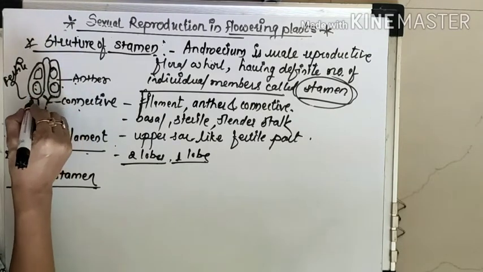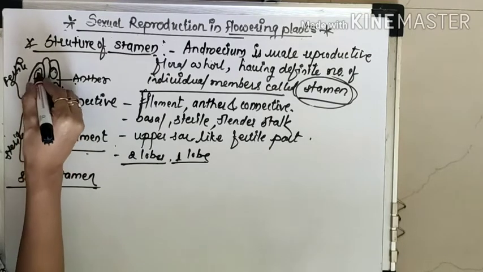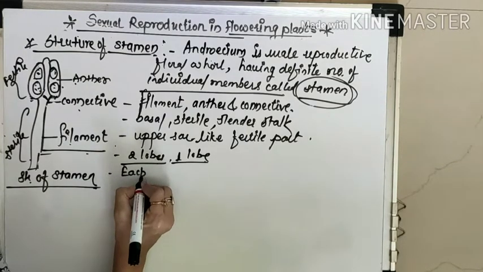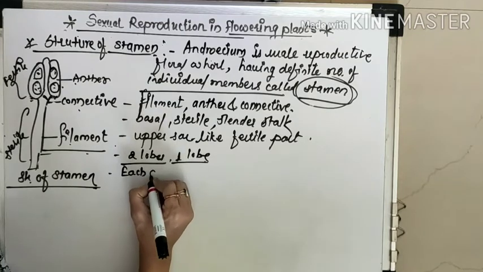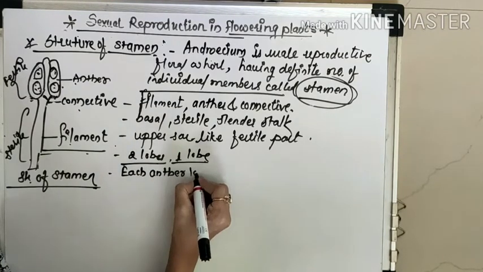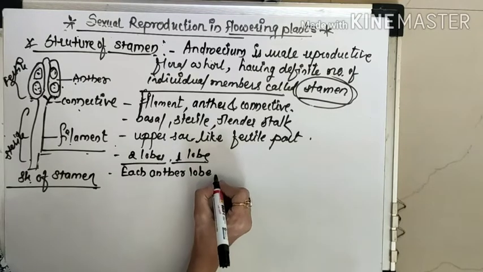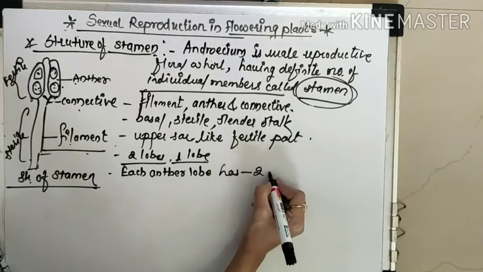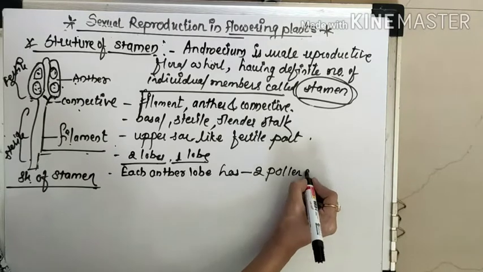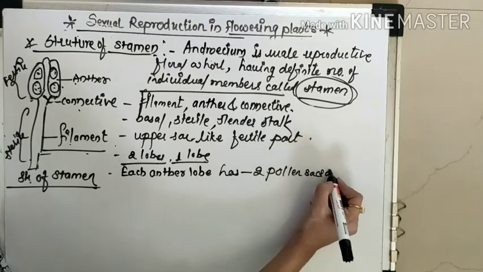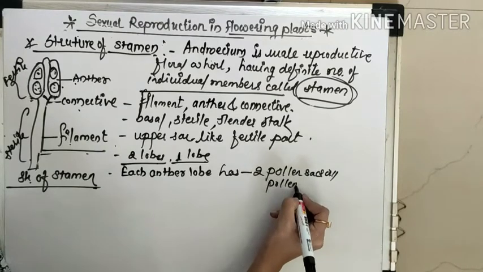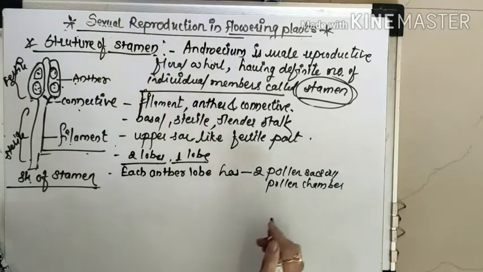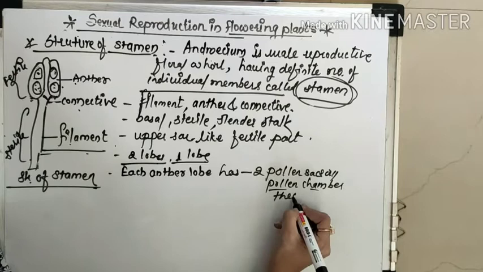If I am talking about two lobes, how many pollen sacs are there? 1, 2, 3, 4, four pollen sacs. So each anther lobe has two pollen sacs, also known as pollen chambers, and the pollen chamber is also known as theca.